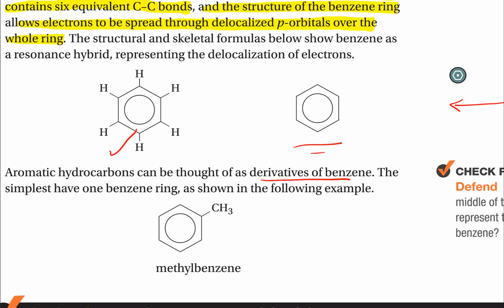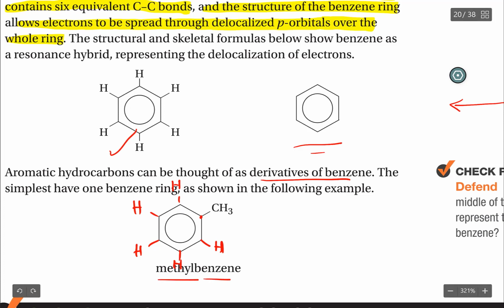You must know that at these positions we have the hydrogen, but we usually don't show the hydrogens that we have there. So we have hydrogens at this position, but at this position instead of having hydrogen we have a methyl group. So this structure is called methyl benzene. So we refer to it as the base structure of the aromatic hydrocarbon.